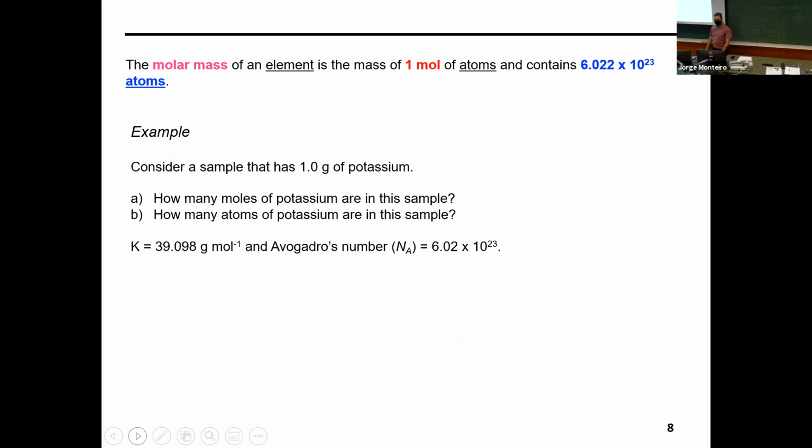Okay. So again, this is a proportion. Everything that happens on the right side has to happen on the left side. Cross multiplication. 39.098 grams times X has to be equal to 6.02 times 10 to the 23rd atoms times 1 gram.